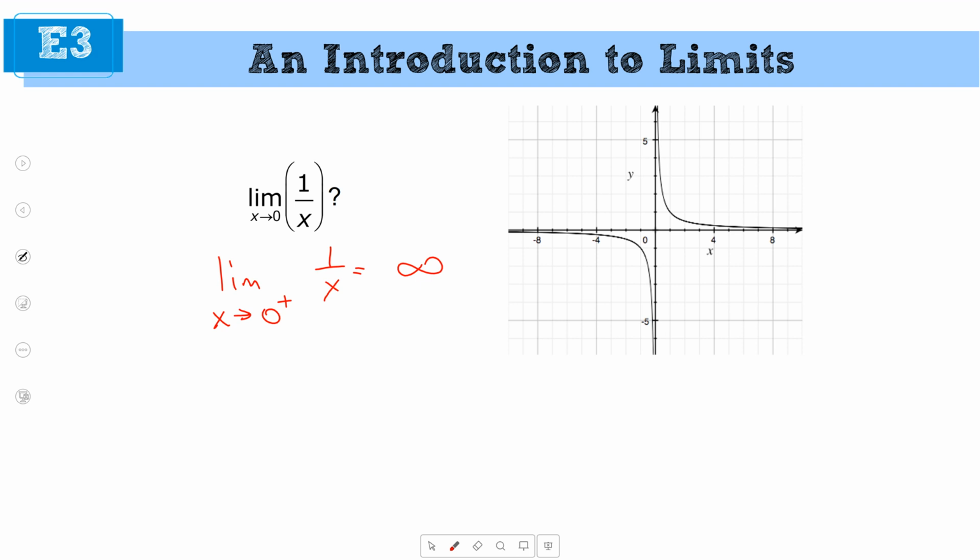It's asymptotic at the y-axis. It never takes that value, it gets closer and closer and closer. Everybody good with that? You can see it from the picture. Okay? What about this? Negative infinity.